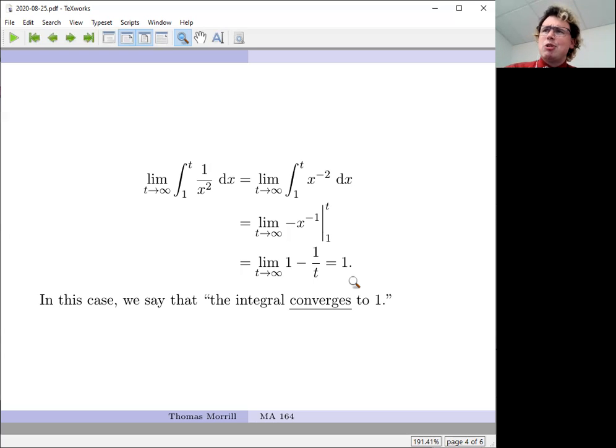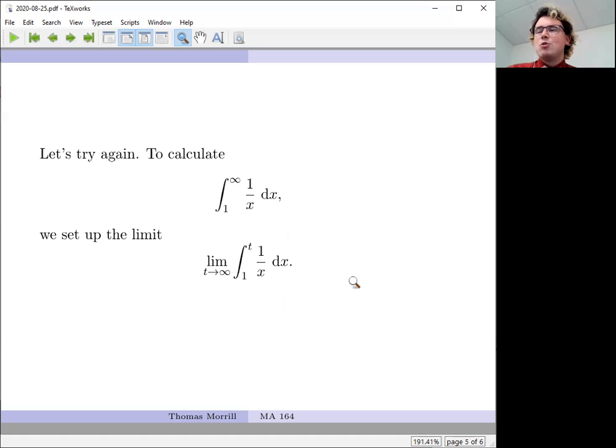Let's see what happens when we try to integrate the other function. The other function I had was y equals 1 divided by x. So I'm going to use the very same technique. I'm going to set up a limit to calculate this integral. So I've introduced an extra variable t.